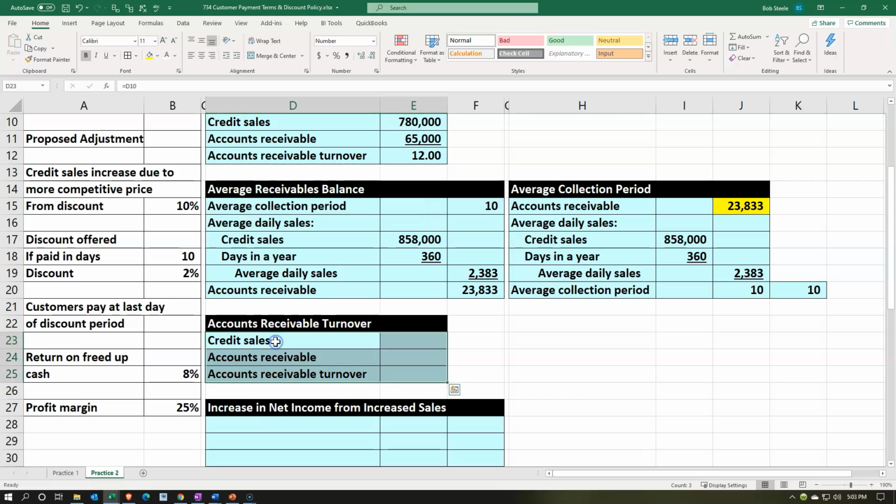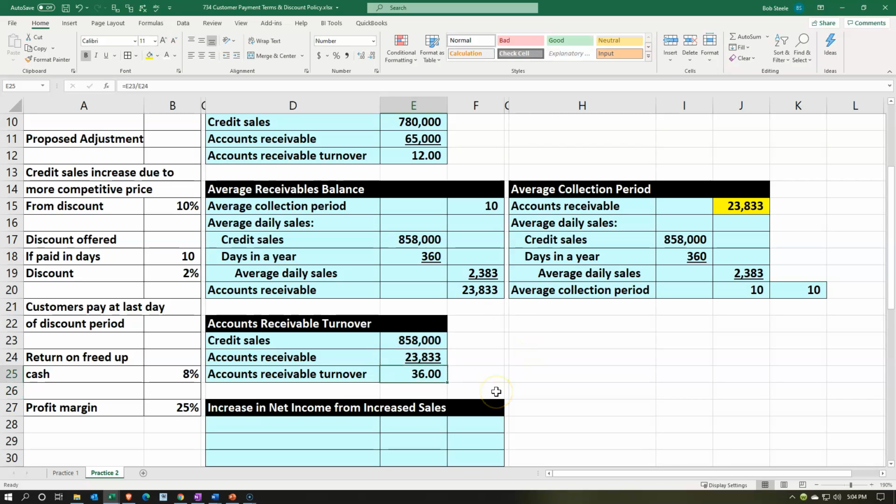Format paint this entire thing. Credit sales will be equal to, once again, let's just pick up this 858, and then we're going to divide that by the accounts receivable, and that's going to be equal to the 858 divided by the accounts receivable for the 36.